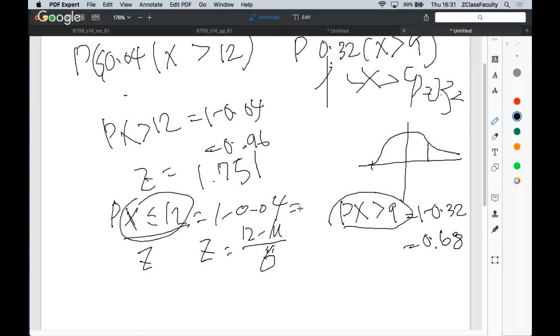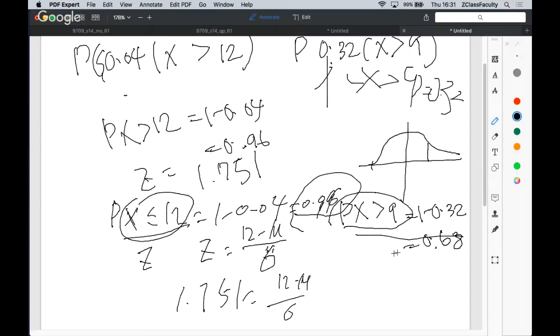And you know the probability, which is 0.69, and you look up in the table which value gives you 0.69. So 1.751 is equal to 12 minus mu over sigma, and the same goes for that, right?